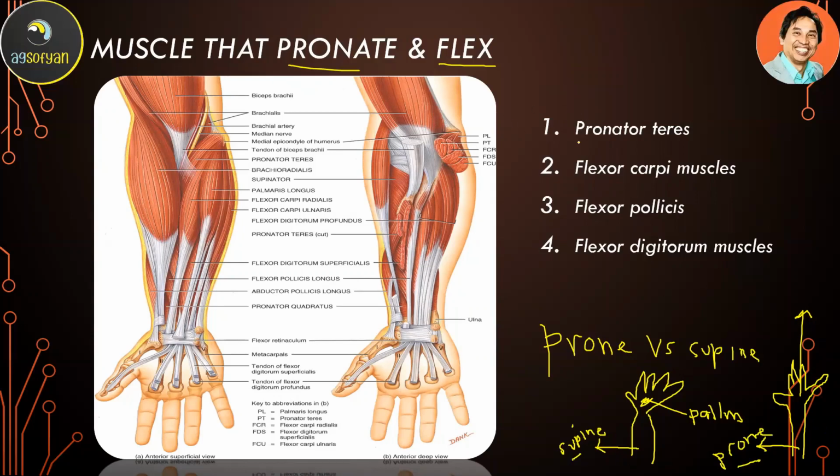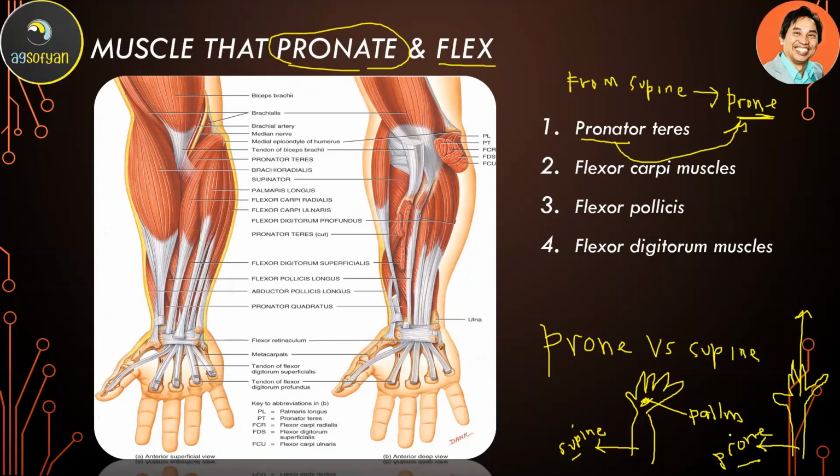Okay, so the one that pronates, this means the muscle that will twist your arm from supine position to prone position. Okay, this is what we call pronate. It will prone your arms.